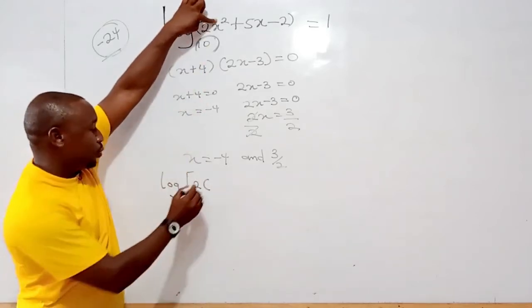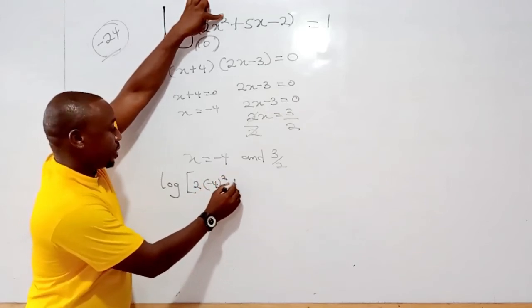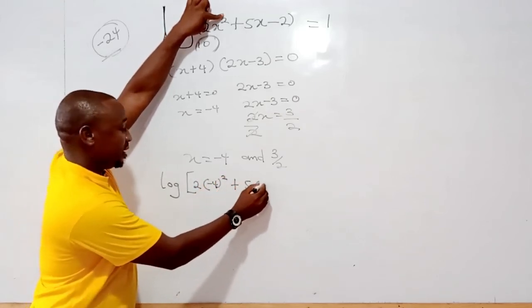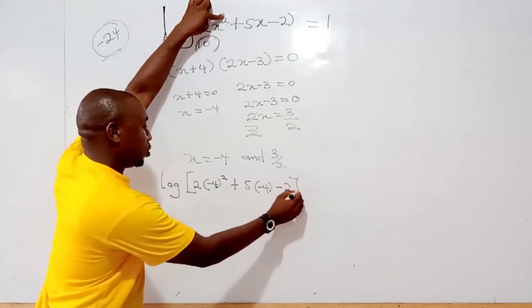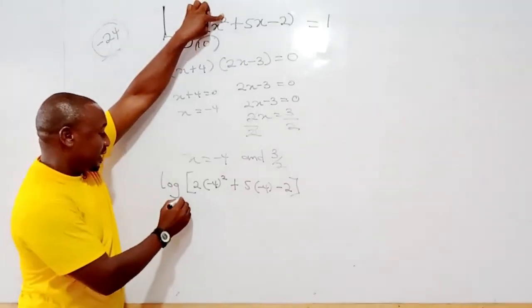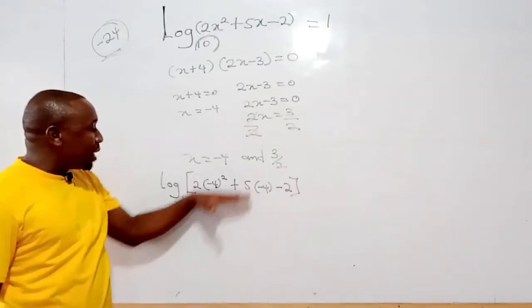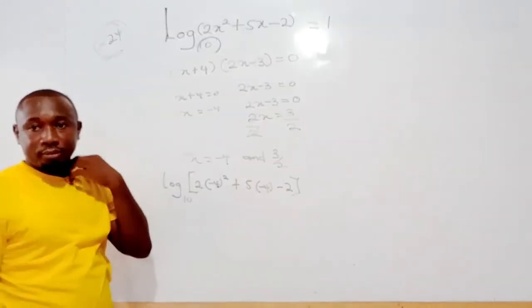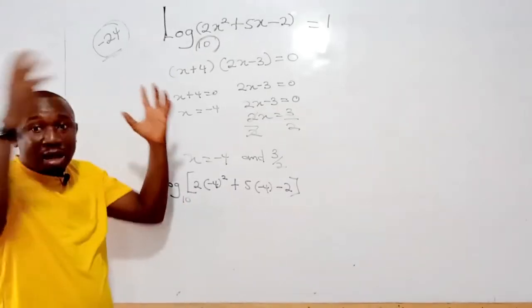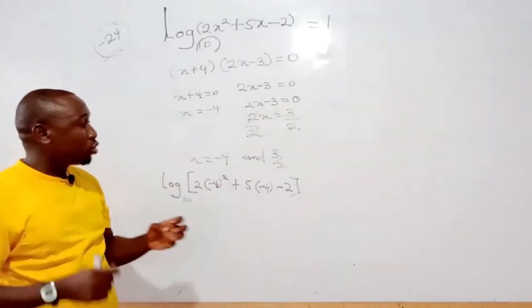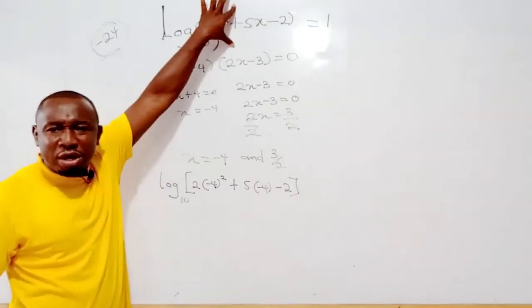Wherever we see x, we put negative 4: 2 times negative 4 squared plus 5 times negative 4 minus 2, to the base 10. The meaning is that after evaluating this, we are supposed to get 1, because from our solution, x is equal to negative 4 and 3 out of 2 will make this particular equation true.